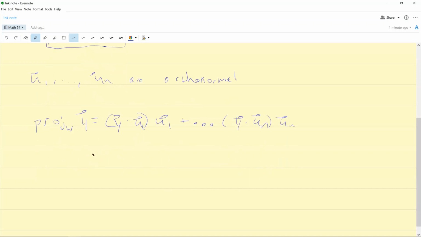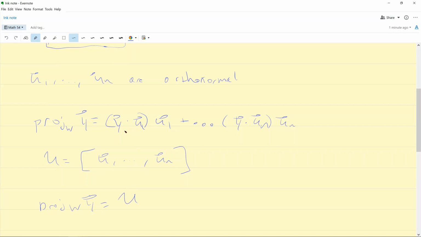And really, we can encode this even more concisely. If we write these u's as column vectors, u1 through un, well, these are all linear combinations of u1 through un. So we can write this projection as some weights times U, right?